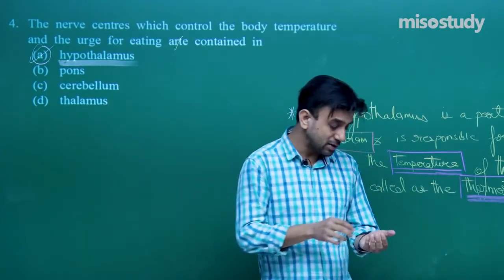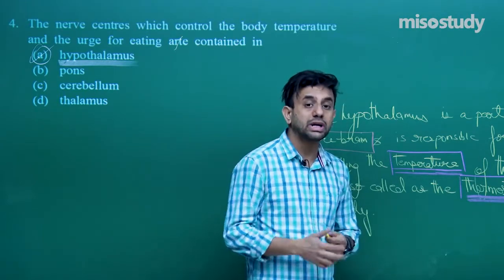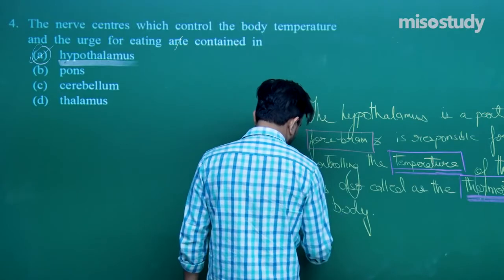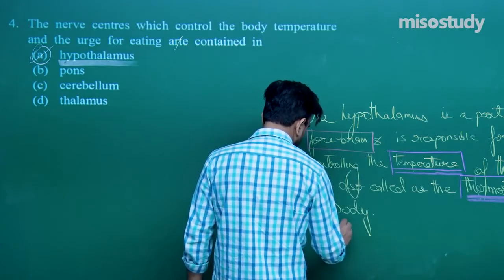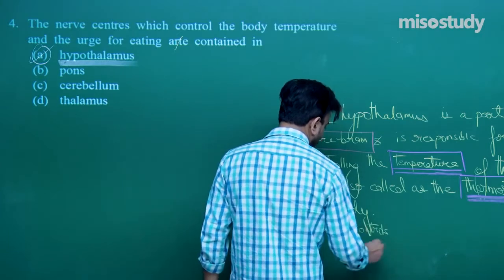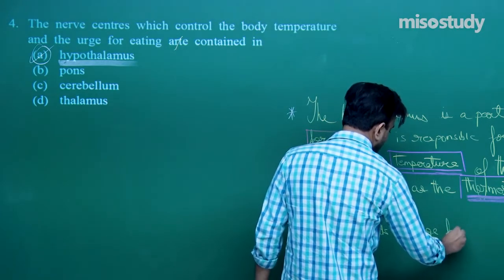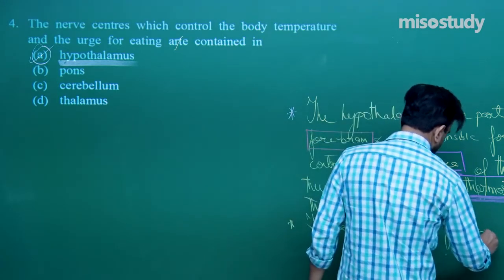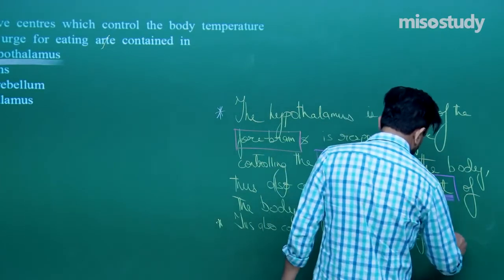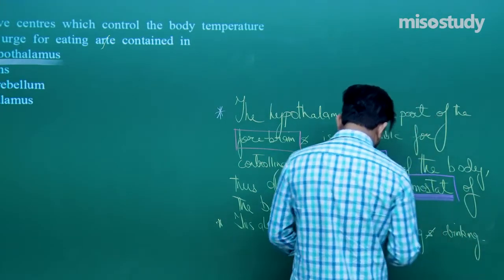Also the hypothalamus controls the urge for eating and drinking.